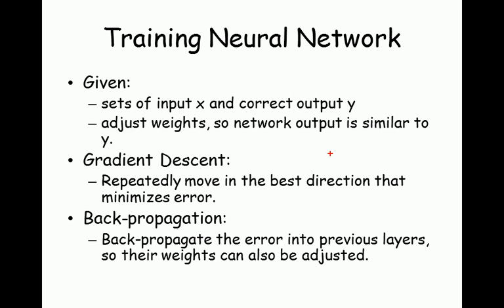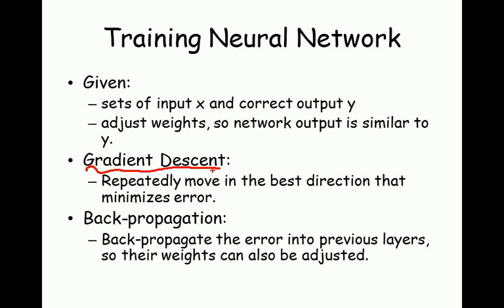And you don't want to adjust weights randomly. You want to sort of direct yourself toward the correct answer. And the way that we direct ourselves to the correct answer is a method called gradient descent. In gradient descent, we have an idea of the direction that will take us to a better answer, and we change the weights in that direction.